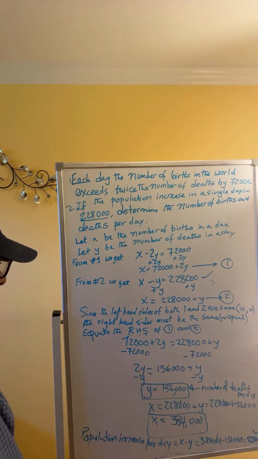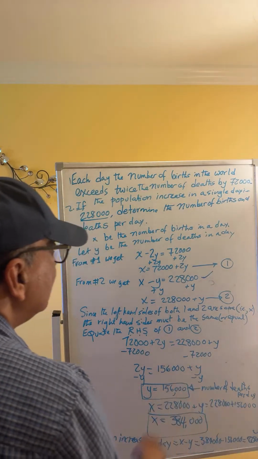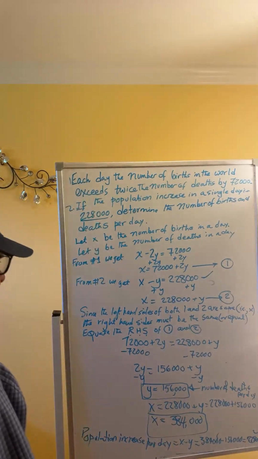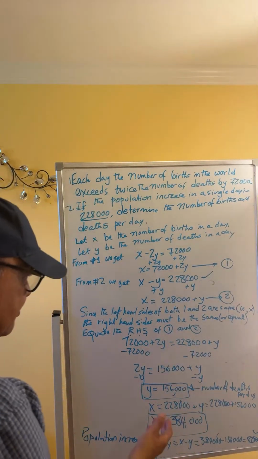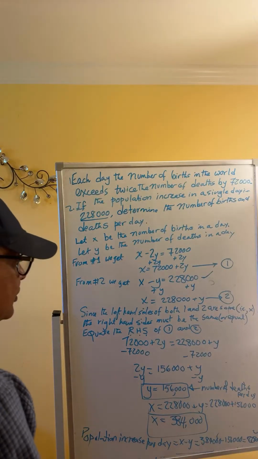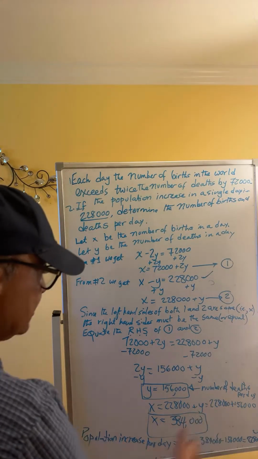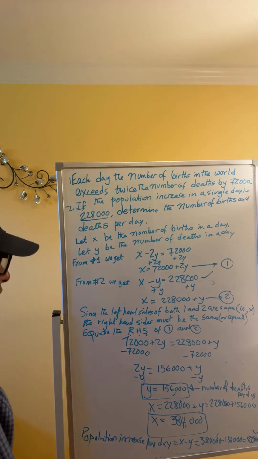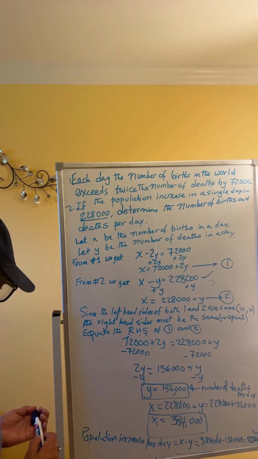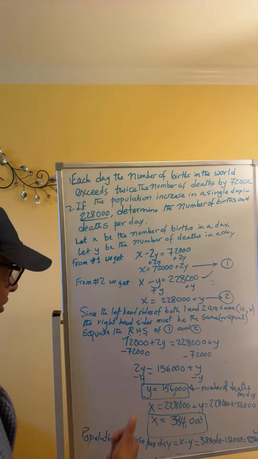Then we solved for y. Once we solved for y, we plugged it back into one of the equations to solve for x. Once we solved for x, we checked that x minus y, the increase in population per day, works out to 228,000. So it's a check on our calculation that the figures we got for x and y are correct.